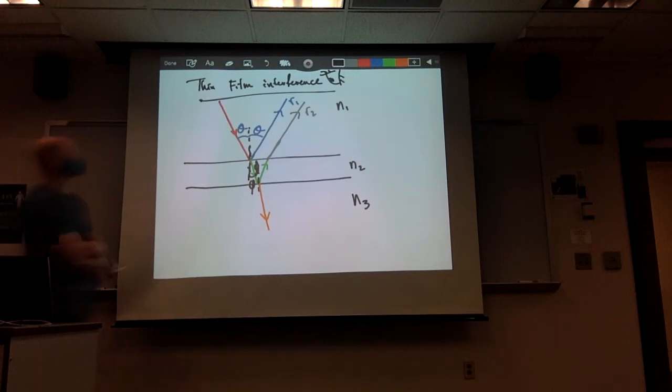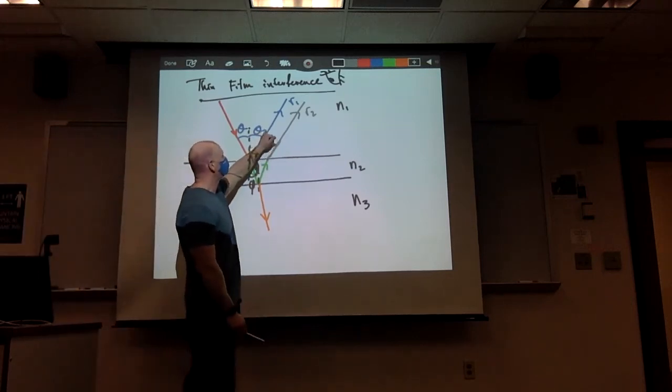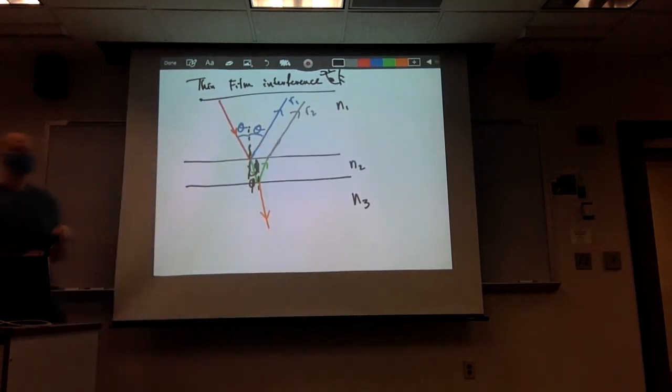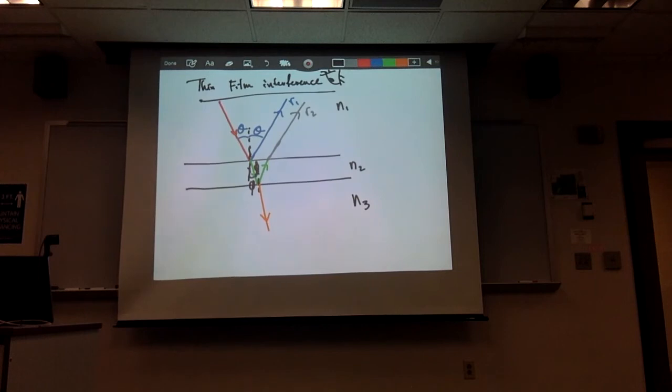I'm going to get interference between ray 1 and ray 2. This is what we call thin film interference. Certain colors are going to be destructively interfering, while other colors are going to be constructively interfering.